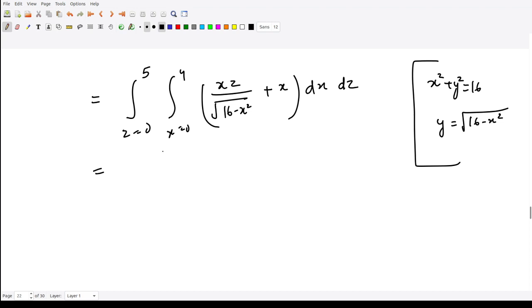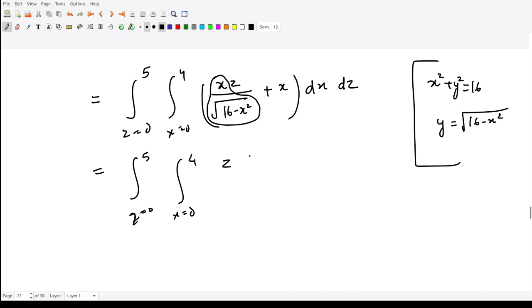So we will obtain here, this could be written as z varying from 0 to 5, x varying from 0 to 4, right? Z is constant, so it won't matter here. So you will have z as such, and then the integration of this quantity with respect to x, what would be that?